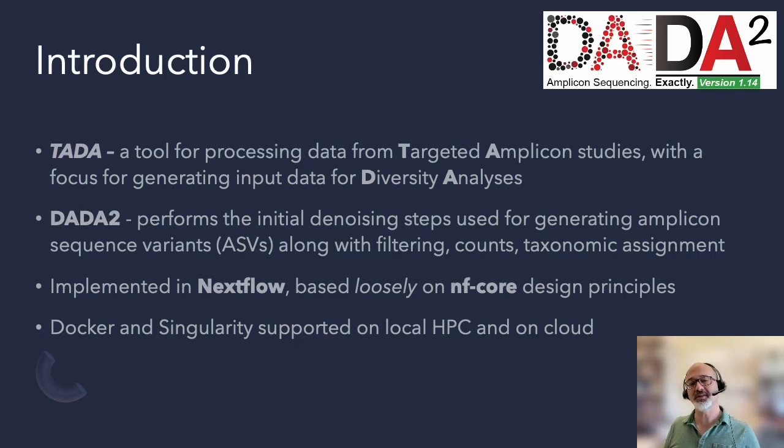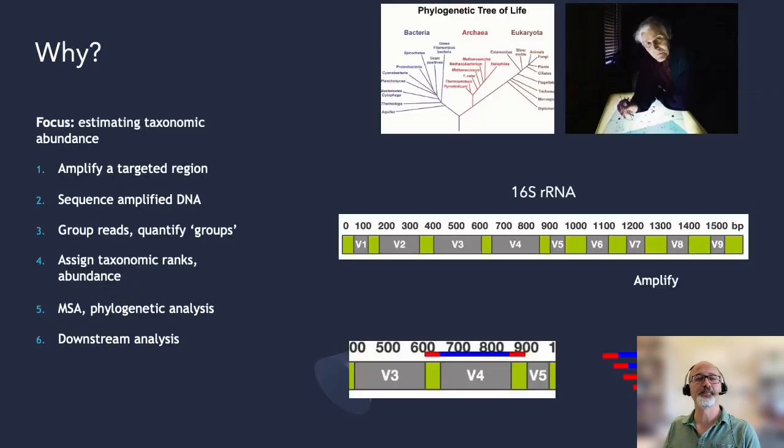I would say this is loosely based on this, but we're actually hewing a little more closely to current NF Core principles. We also have added Docker and Singularity support on local HPC and on cloud, along with continuous integration and continuous Docker builds using the GitHub workflows as a way to do this.